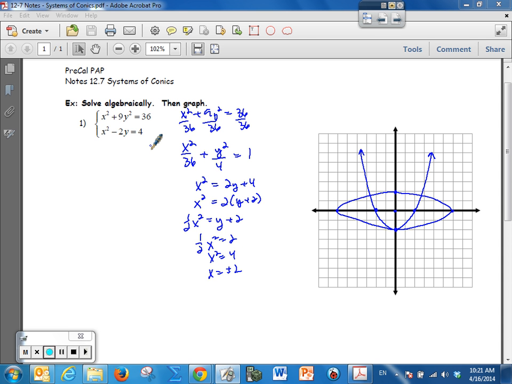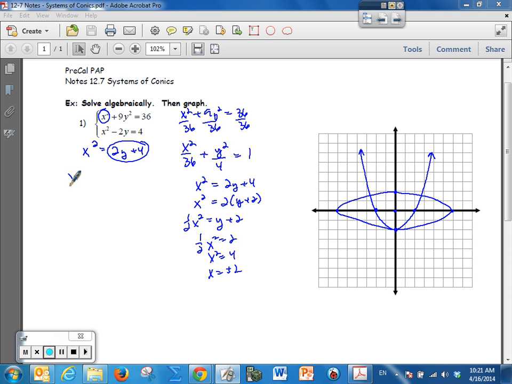I'm going to actually solve for x squared, I'm going to move the negative 2y over, and I'm going to substitute that expression into x squared. So I'm going to move the 2y over, and I'm going to take this and substitute it in for that x squared term. So I'm going to use substitution, but like I said, you could use elimination as well.